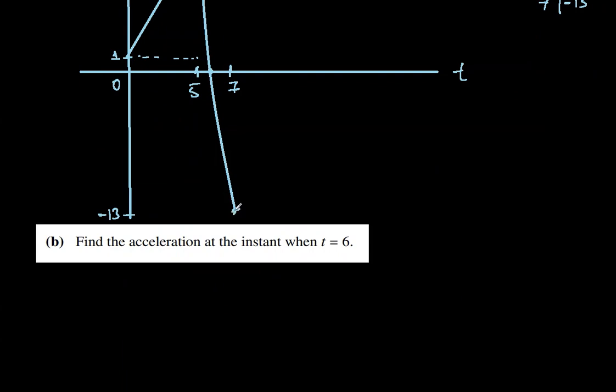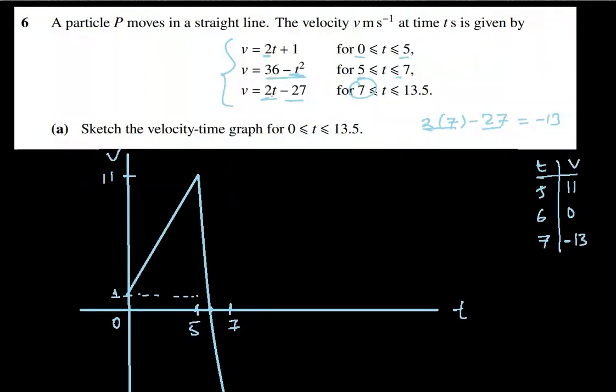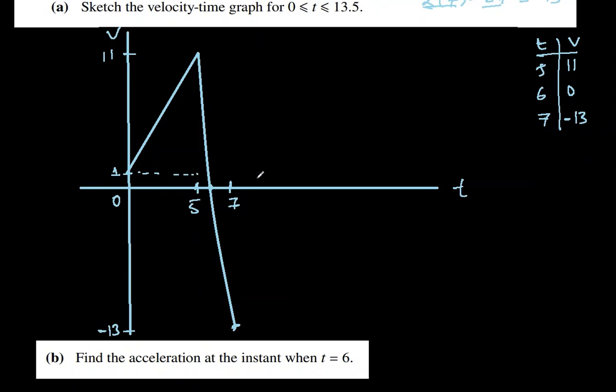See, we are at minus 13 meters per second here. That's fine. So we have to draw a graph from here, and the gradient is 2. Can you see? Gradient is 2 again, y equal to mx plus c, that kind of thing. So the gradient is 2 over 1. But our graph has to go till 13.5. From 7 to 13.5, let's say 13.5 is here.